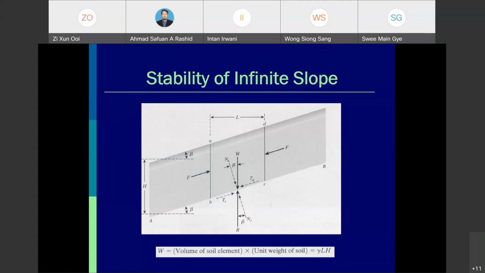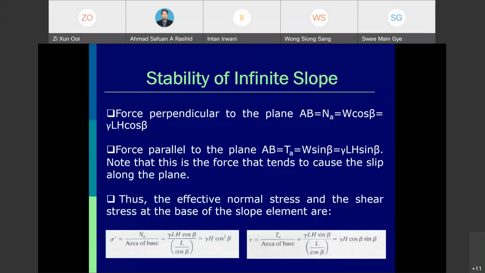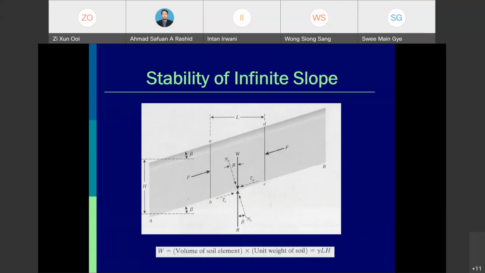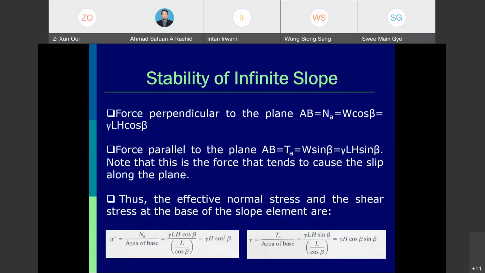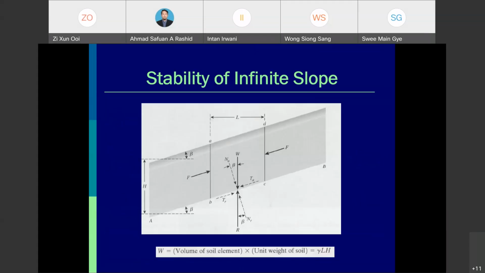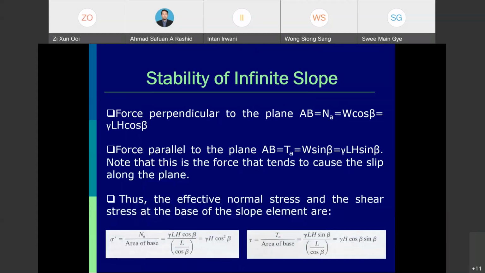The force perpendicular to the plane AB is NA, which is equal to W cos beta. Then W is equal to gamma L H, times cos beta.